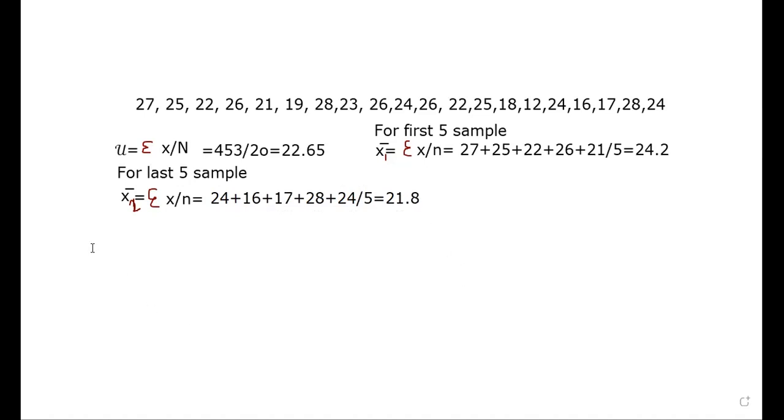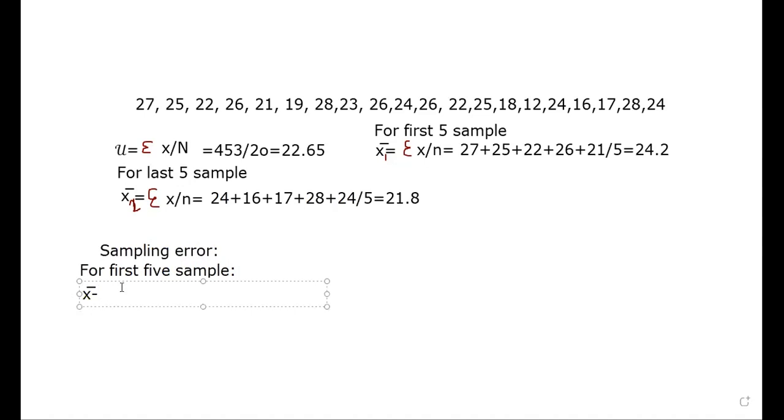So what is the sampling error? As we have 2 requirements, for the first 5 samples, the sampling error will be x bar minus mu.